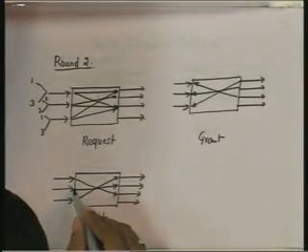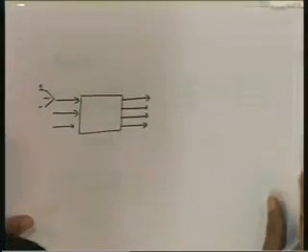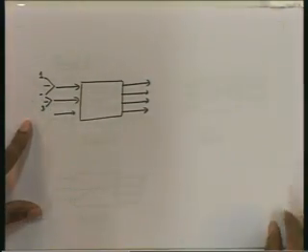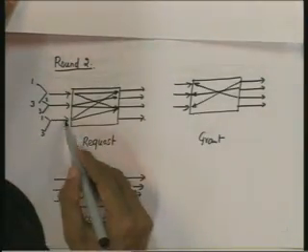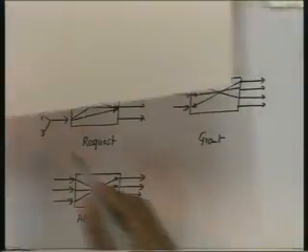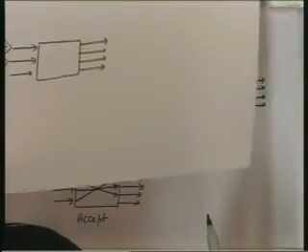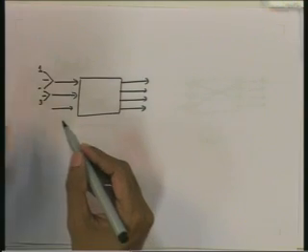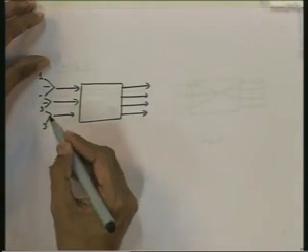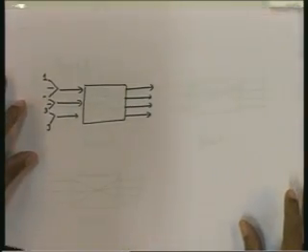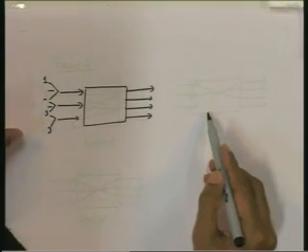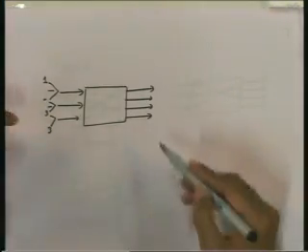Input port 2, only packet 3 is left here. And in this case, 1 has transmitted, so packet 3 is left here. Now, in the next round, again it will go to the request, grant and accept phase.